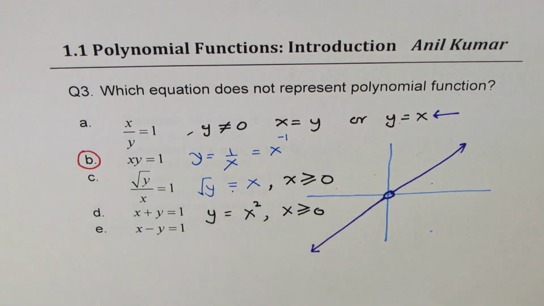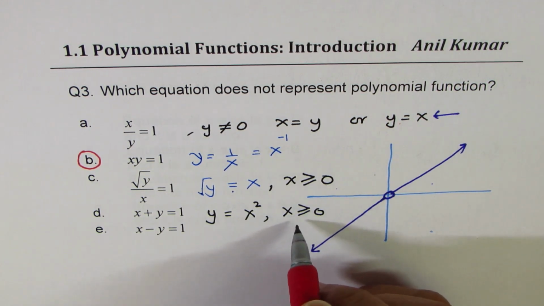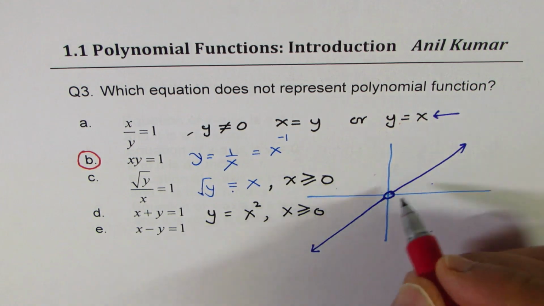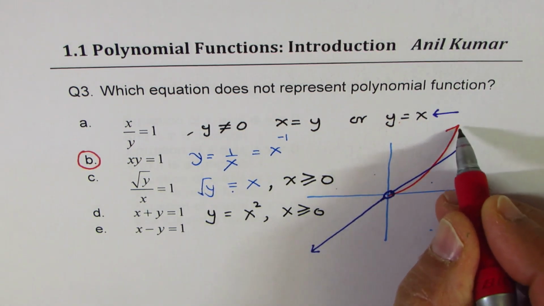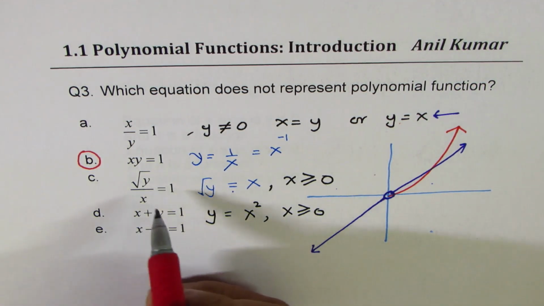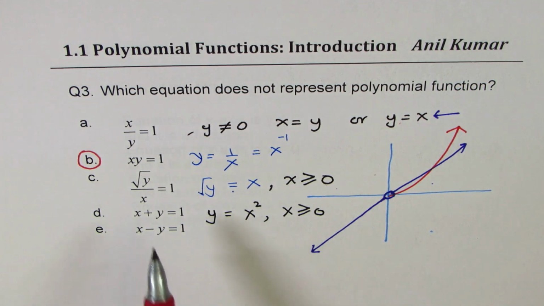So this function is a polynomial where there is a restriction, and that restriction is that x should be greater than or equal to 0. So it's this part of the parabola, right? So this part of the parabola is the polynomial function, right? So sometimes you may have situations where part of a polynomial is shown in the equation, right?